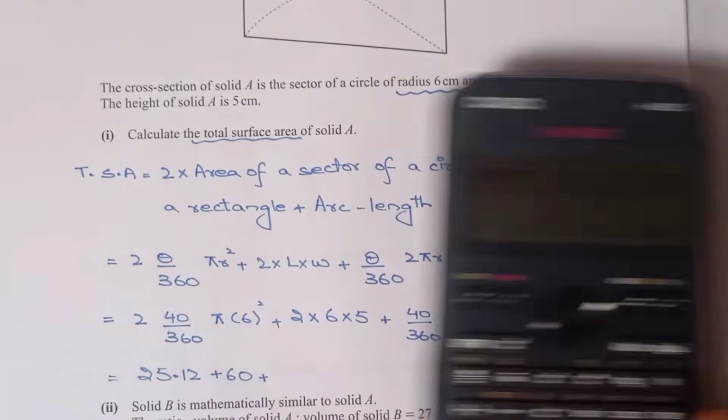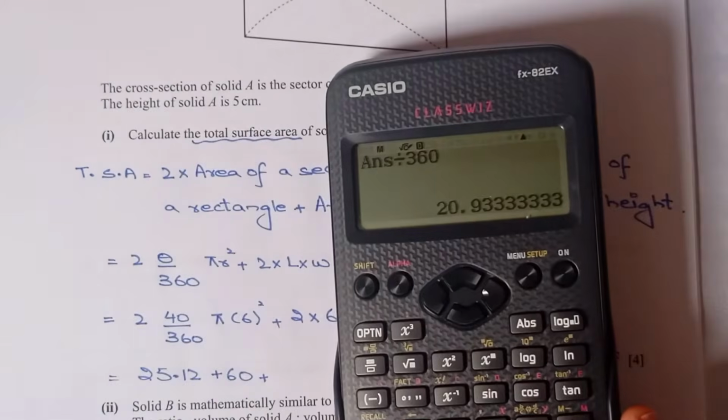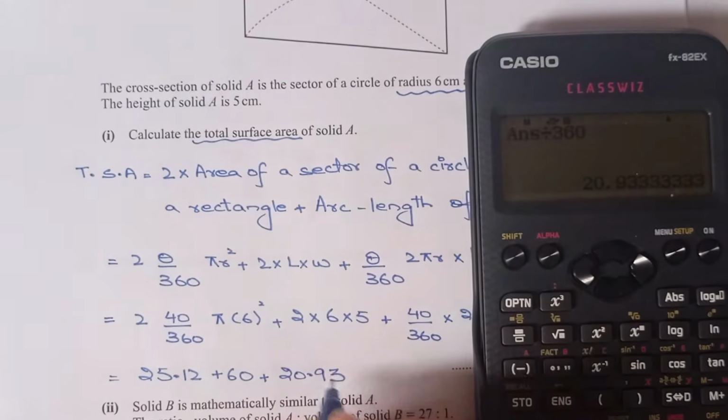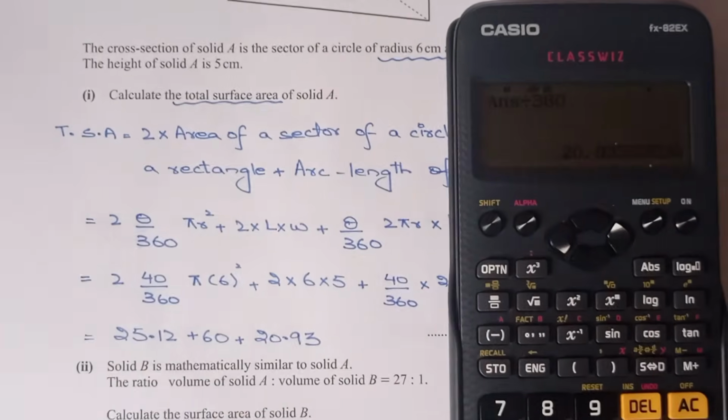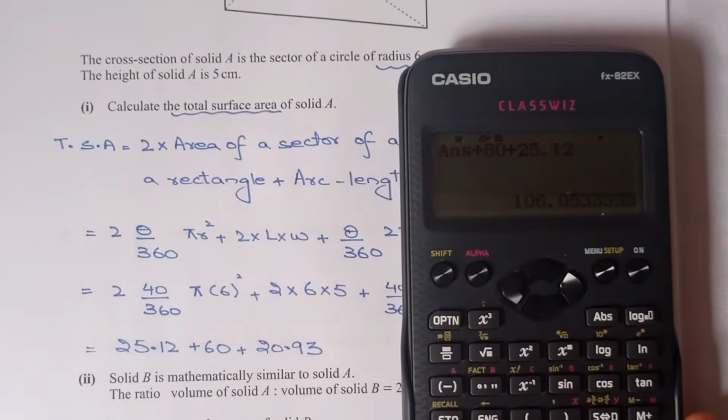Plus, for the third expression, we have 40 times 2 times pi times 6 times 5 divided by 360, which is 20.93. Now let me add all of these three to get the total surface area. So plus 60 and then plus 25.12. 106.05 is the total surface area of solid A.